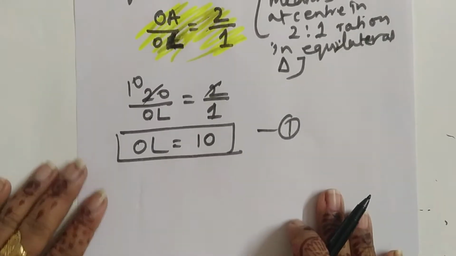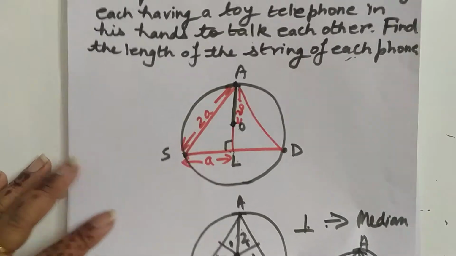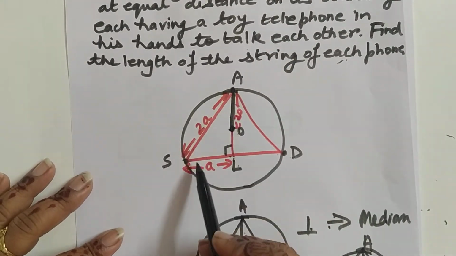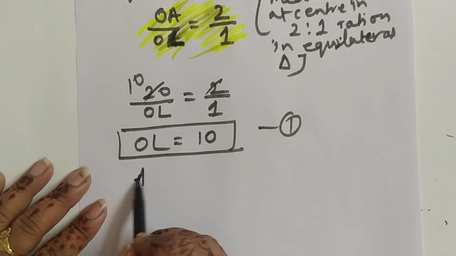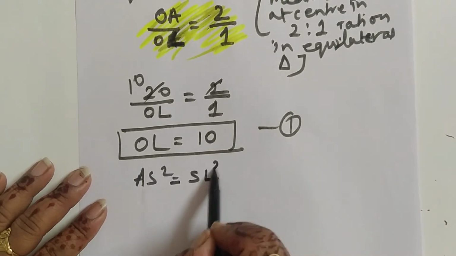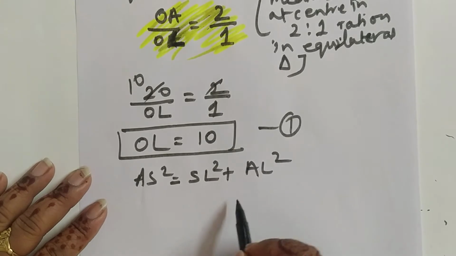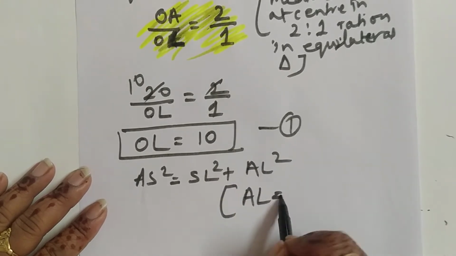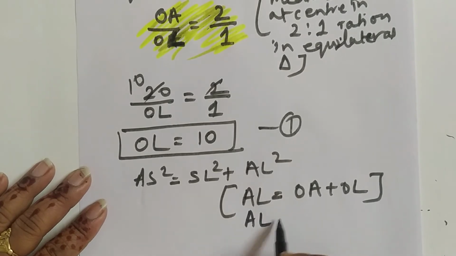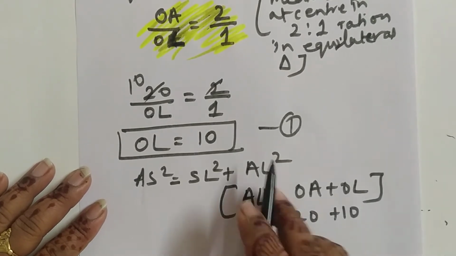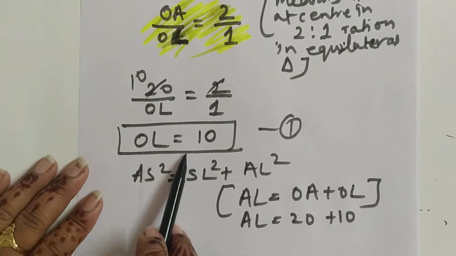That is first. Now by using Pythagoras theorem, because we have this bigger triangle, AS square is equal to SL square plus AL square, and here AL is equal to OA plus OL. Yes, so AL is equal to 20 plus 10 that we have recently find out.